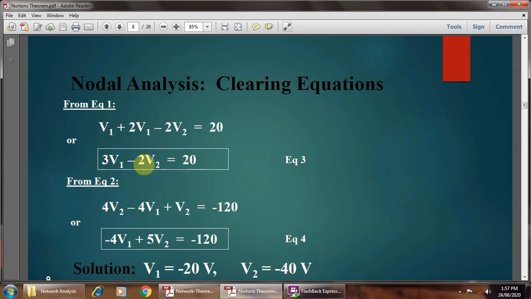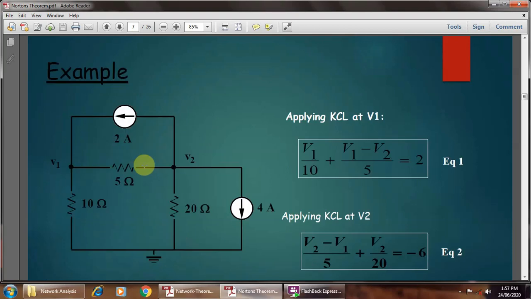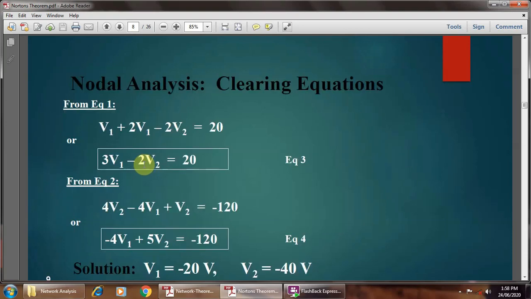From this equation we have calculated, 3V1 minus 2V2 is equal to 20. This is equation number 3. Then from equation number 2, there is 4V2 minus 4V1 plus V2, which is equal to minus 120.